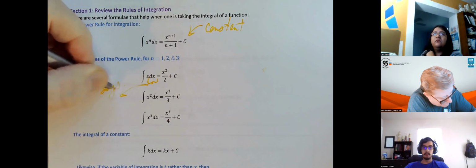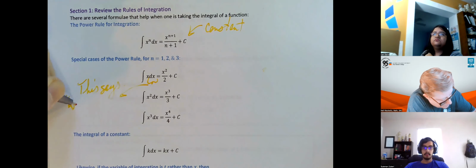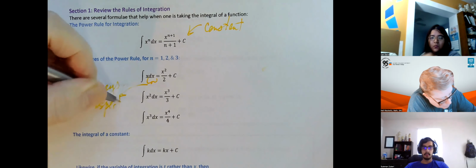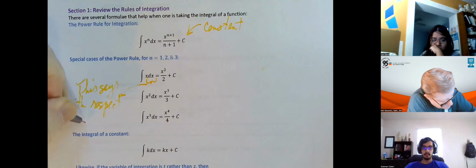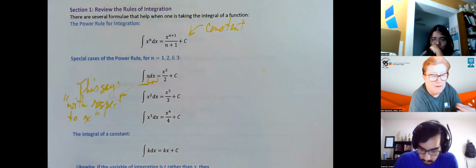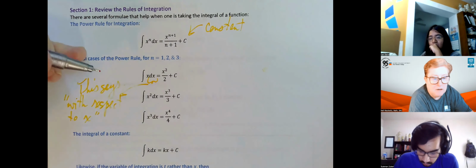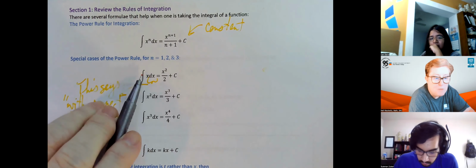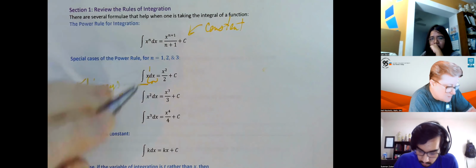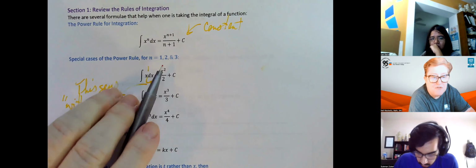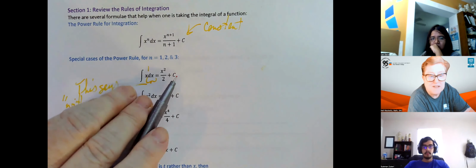This says with respect to x. So the dx stands for with respect to x, so that we know that the variable really is x. And here we've got x to the 1. So this power rule says increase the exponent by 1, divide by that new number, and always add a constant.